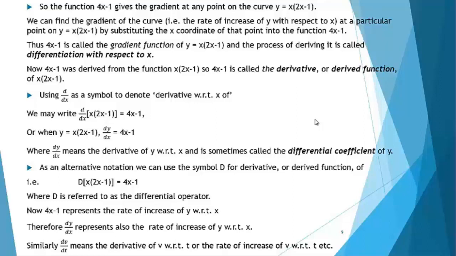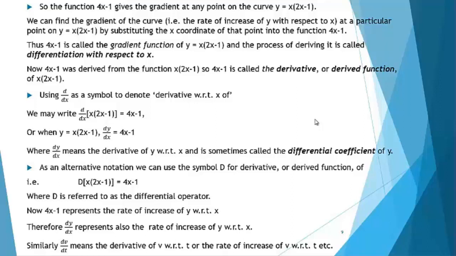Now 4x − 1 was derived from the function x(2x − 1). So 4x − 1 is called the derivative or derived function of x(2x − 1). Using d/dx as a symbol to denote the derivative with respect to x of, we may write d/dx of x(2x − 1) equals 4x − 1.